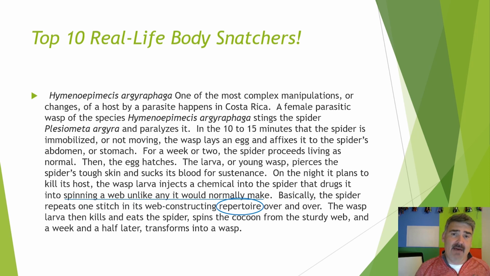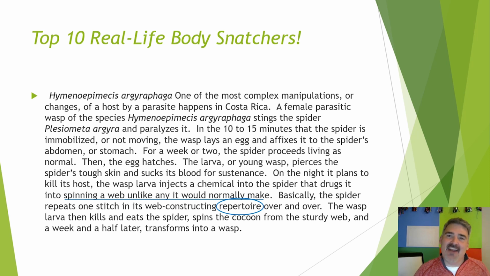So I wrote in my notes that the wasp lays an egg on the spider. The larva that comes out of the egg injects a chemical into the spider, and that makes the spider spin a cocoon for the larva. In addition to all this, the wasp larva sucks the spider's blood and eventually eats it. Pretty good deal for the wasp, I'd say, though not much for that spider.